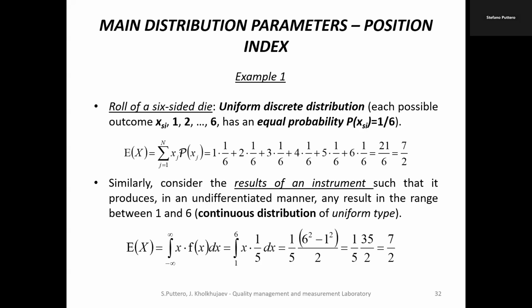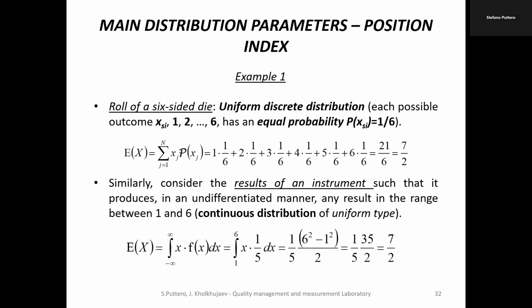The slide tells us that we can consider a uniform discrete distribution. What does it mean? It means that the distribution, so the probability mass function, because we are in the discrete case, is uniform. It means that each mass point has the same probability, the same value of the mass distribution.